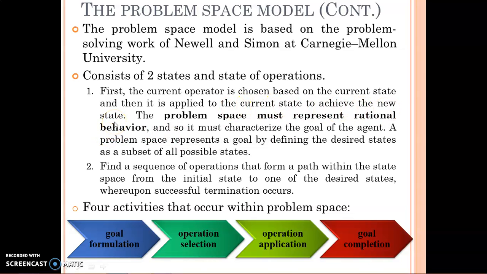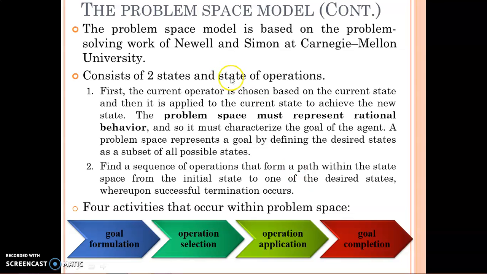The problem space must represent rational behavior, which we already saw, and so it must characterize the goal of the agent. A problem space represents a goal by defining the desired states as a subset of all possible states. It finds a sequence of operations that form a path within the state space from the initial state to one of the desired states, whereupon the successful termination occurs.